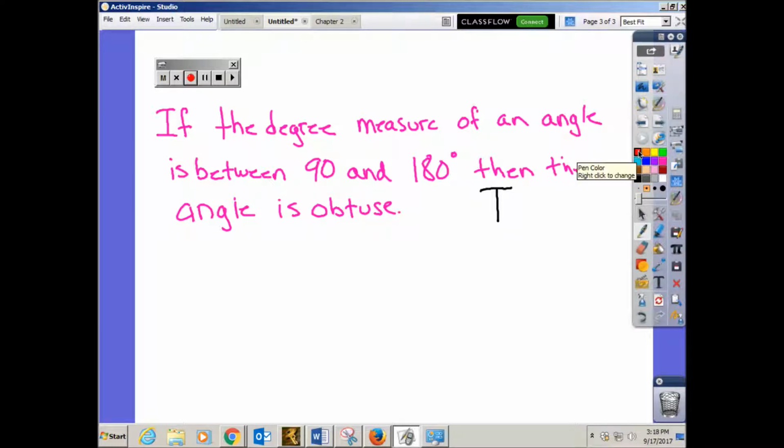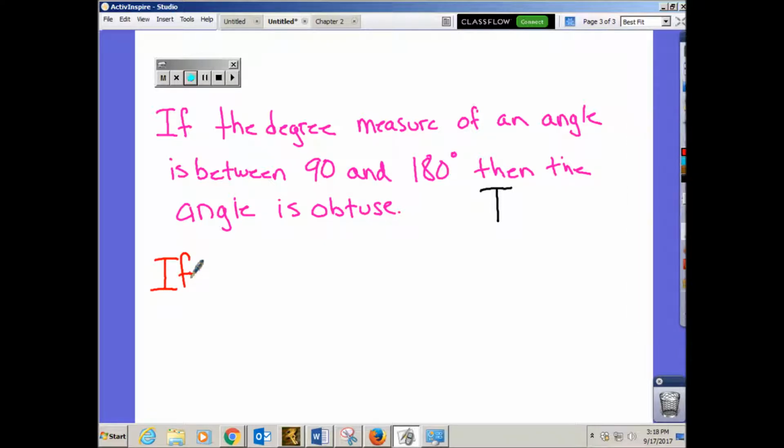Now, let's write the converse. I'm going to start with the word if. But what I'm going to do is take my original conclusion and put it as my hypothesis.